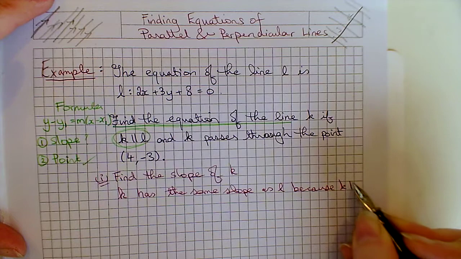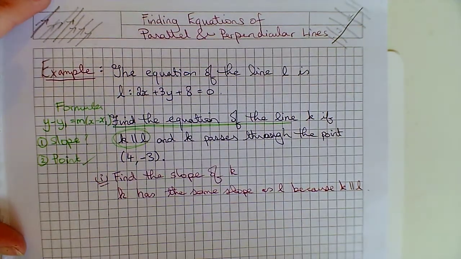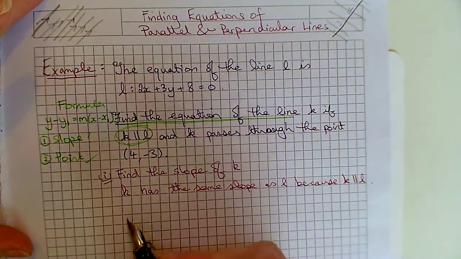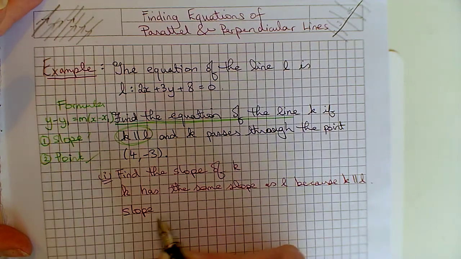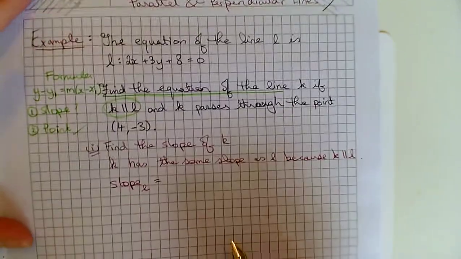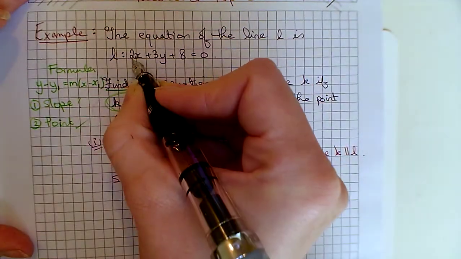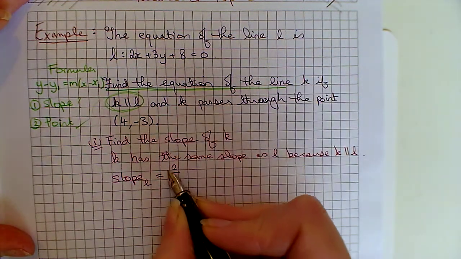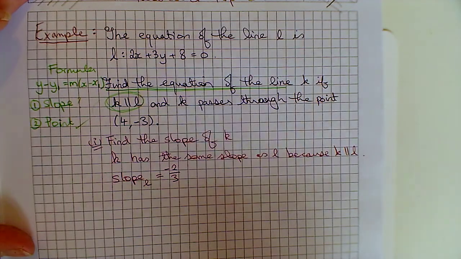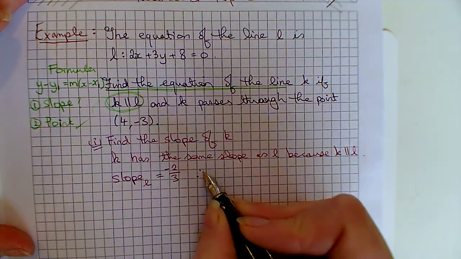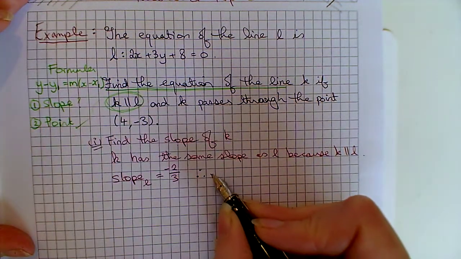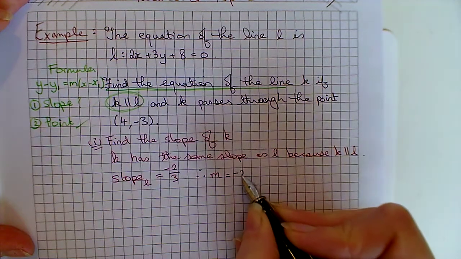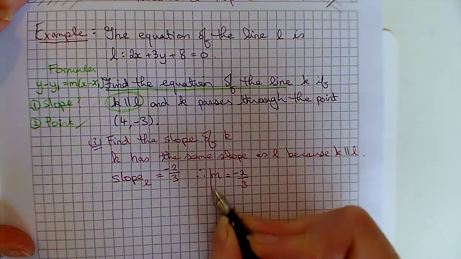They told us that in the question. So what's the slope of l? Well, you wouldn't have to write down every step like this, but this is just for our notes. The x coefficient divided by the y coefficient, and change the sign: minus 2/3. So therefore, my slope for my formula, m, is equal to minus 2/3.